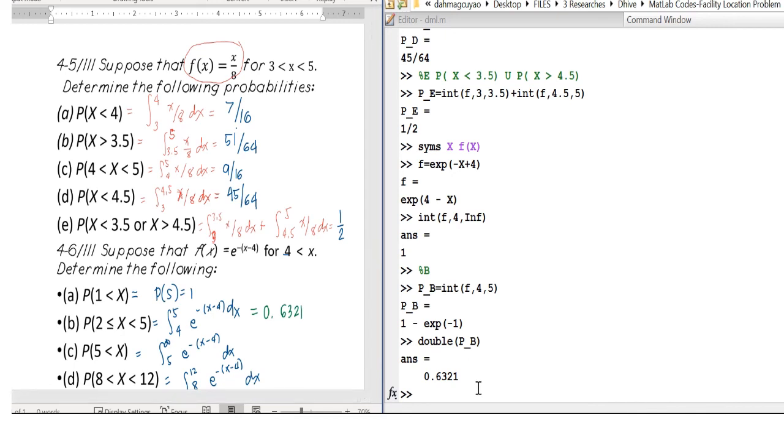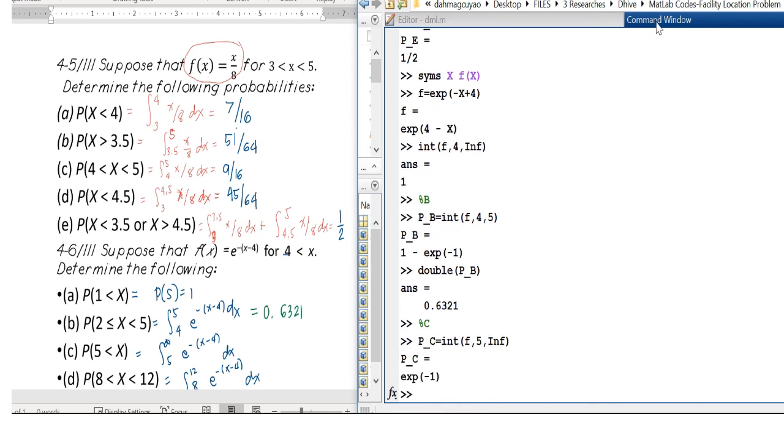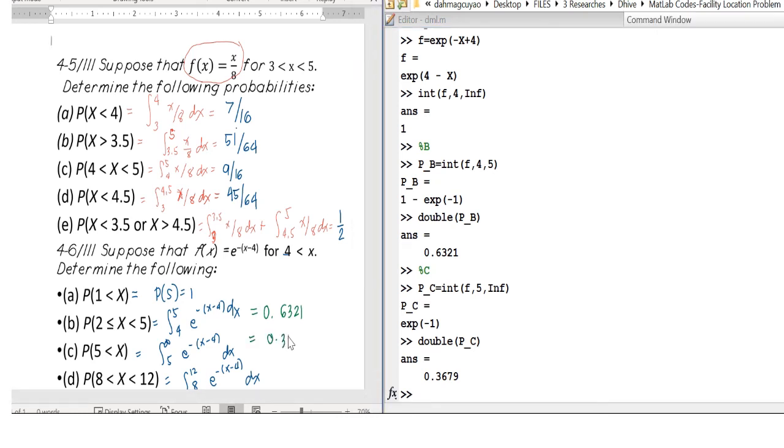The second one would be from 5 to infinity. So e to the negative 1, which is 0.3679. Actually, B and C are complements.